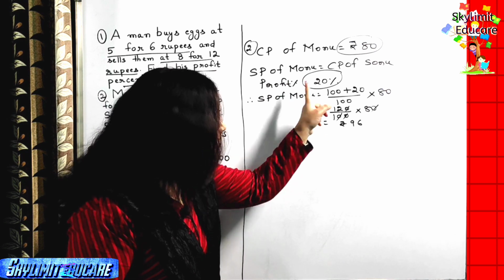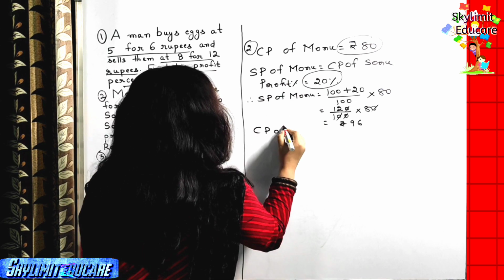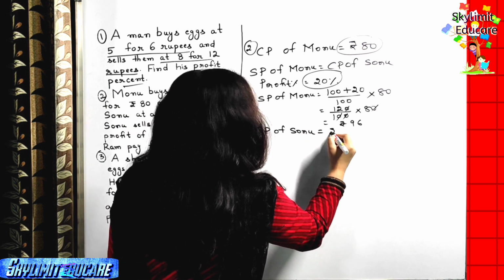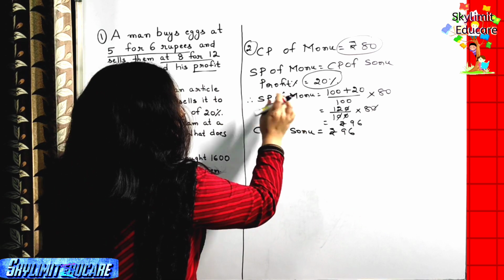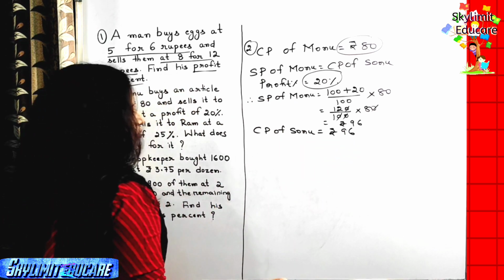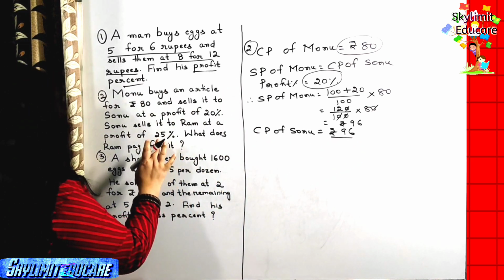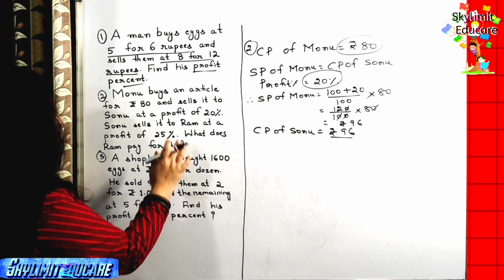And now Sonu purchased the article for rupees 96. That means we can say that CP of Sonu, sorry, not Monu, Sonu, CP of Sonu is rupees 96, right? SP of Monu is the CP of Sonu. Okay, so Sonu has purchased the article for rupees 96 and then Sonu sells it to Ram. The third person comes into the picture now.